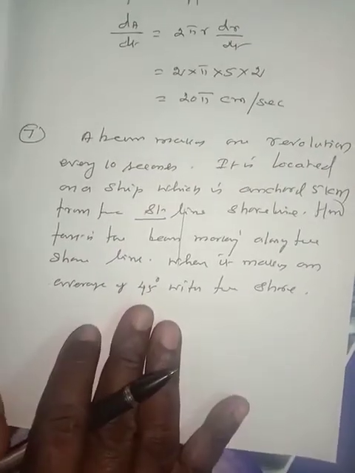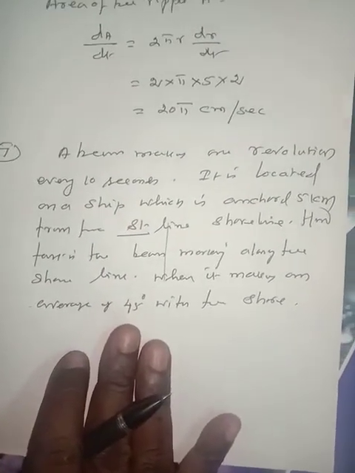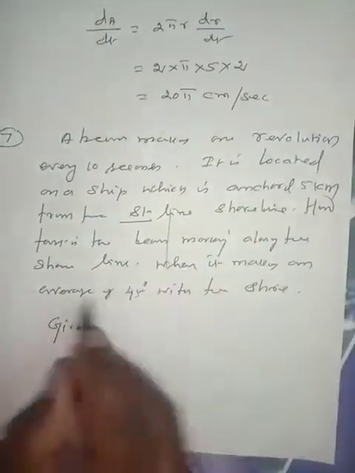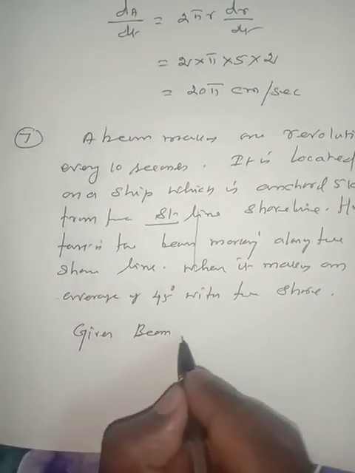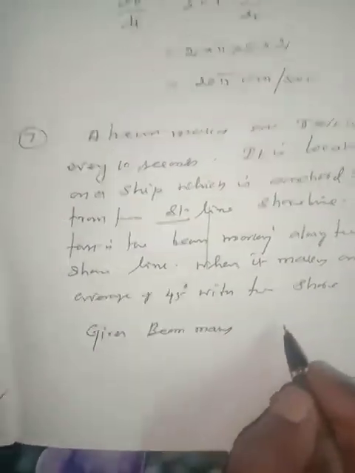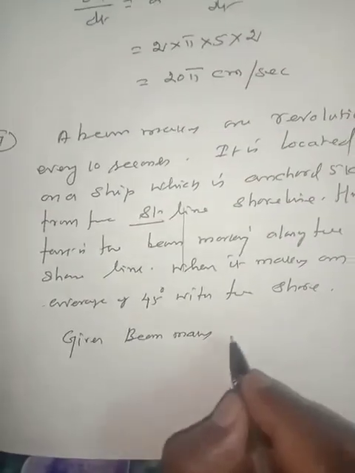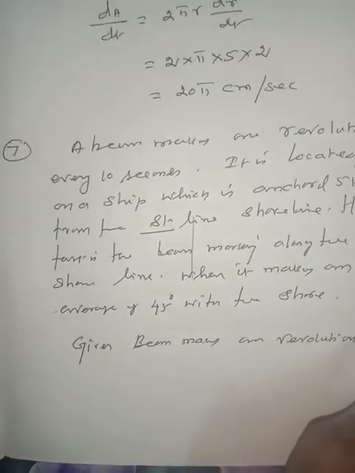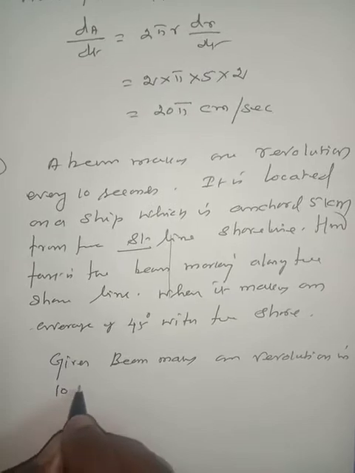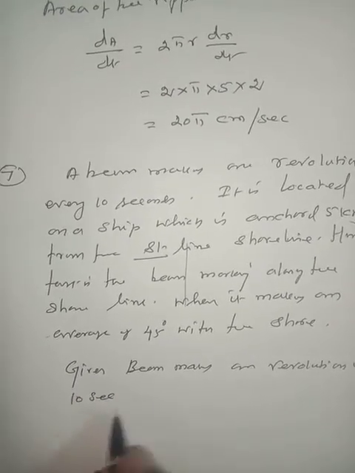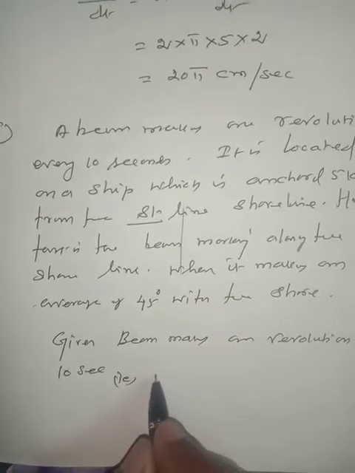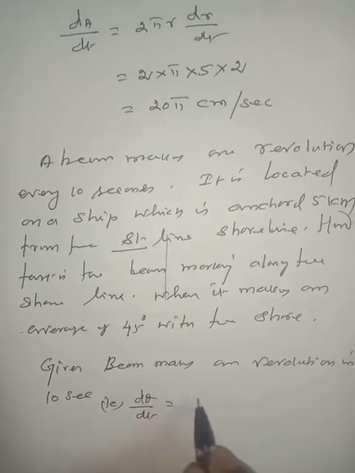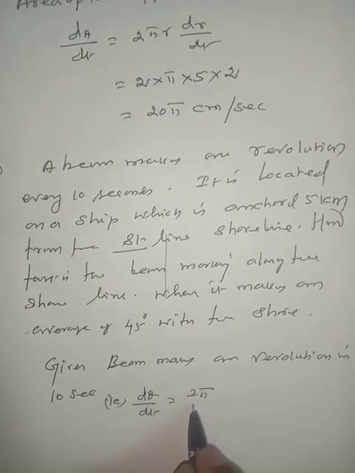Given the beam makes a revolution in 10 seconds, that is d theta divided by dt is equal to 2 pi divided by 10, which is given.